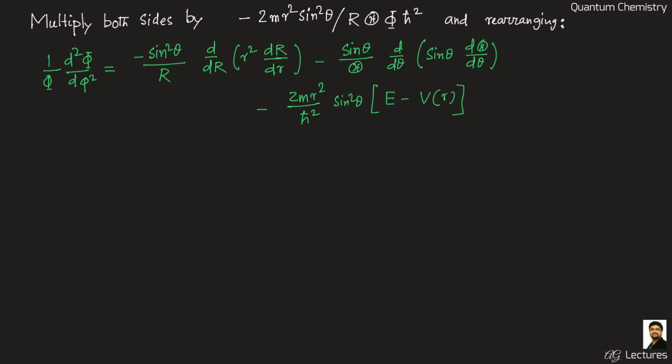So now if we just equate both sides to a constant, the constant that we are going to take is equal to minus ml square. Why have you taken such an odd constant? The reason behind this is that if we take this particular form, the constant minus ml square, then the values of ml that we will obtain after the solution are going to be good numbers.